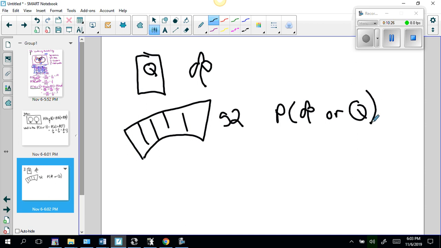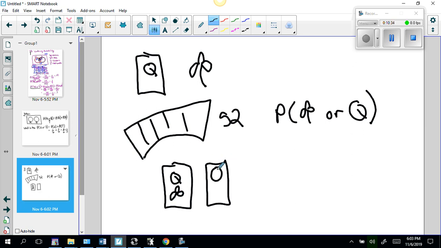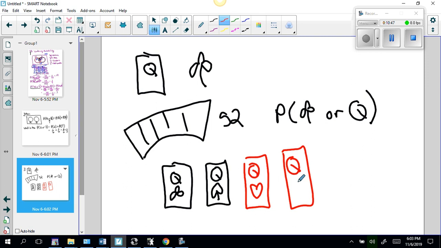One problem, there's the queen of clubs, there's the queen of spades, there's the queen of hearts, and there's the queen of diamonds. There is overlap because there is a queen of clubs.